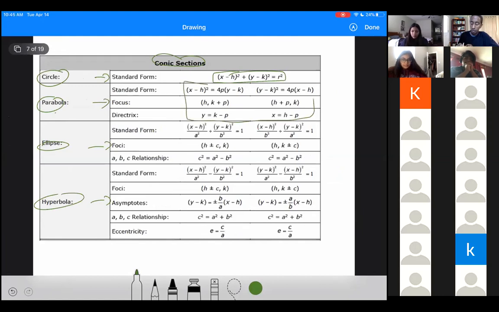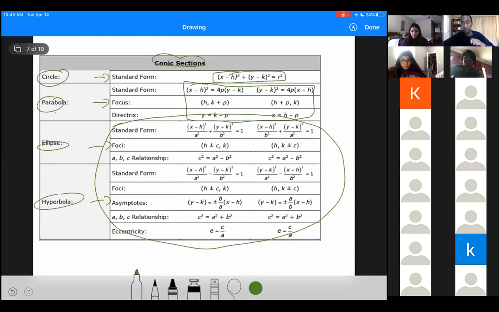These are slightly different forms than we're used to, but we're not going to get to those this semester. We're going to mainly focus on these right here. So in the next 2 weeks, we'll learn about the equations of an ellipse and the equation of a hyperbola. So just one thing to note, it is on your formula sheet there. You will be referring to your formula sheet as we do problems tomorrow and in future classes. So you want to have that out.